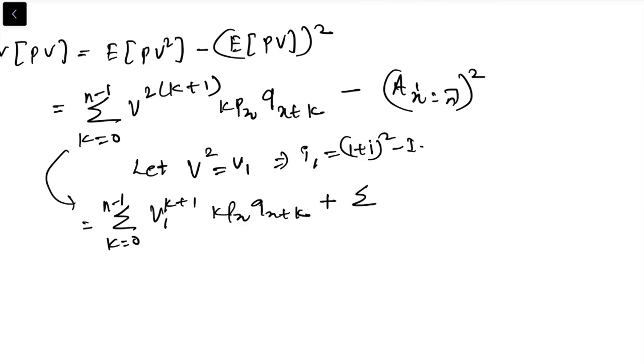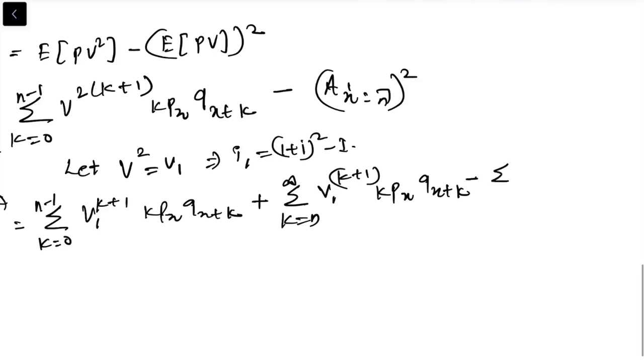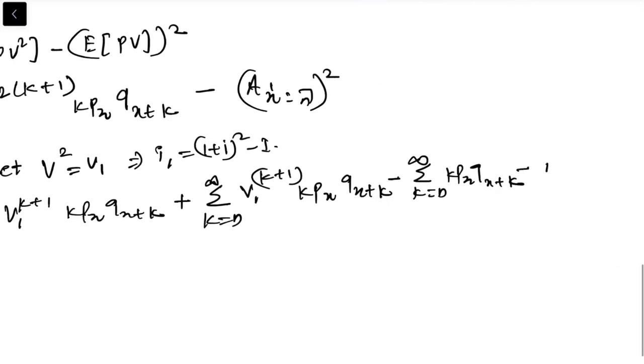plus summation, now we are going to add and subtract the additional term, k equals n to infinity of v1^(k+1) _kp_x q_(x+k), minus summation k equals n to infinity of v1^(k+1) _kp_x q_(x+k), minus (A^1_x:n) whole squared.